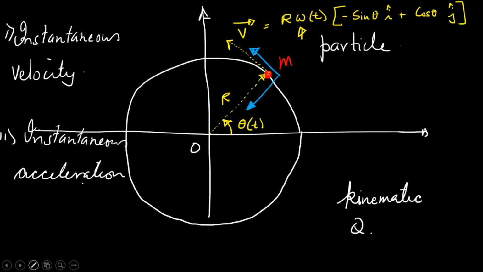So there are two components. This is easy to remember the formula. There are two components. One component which is radial, and another component which is along the velocity.